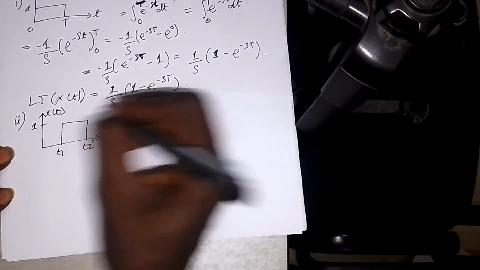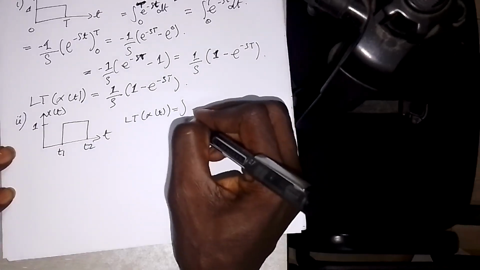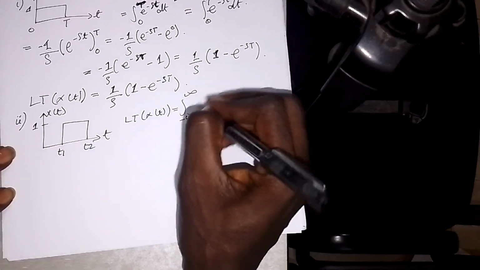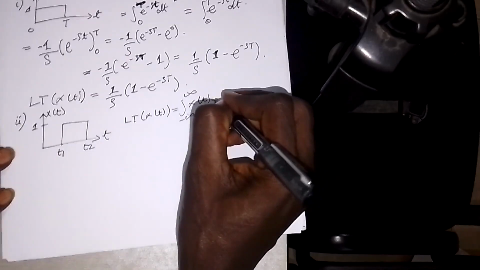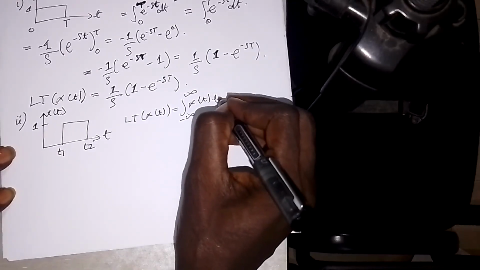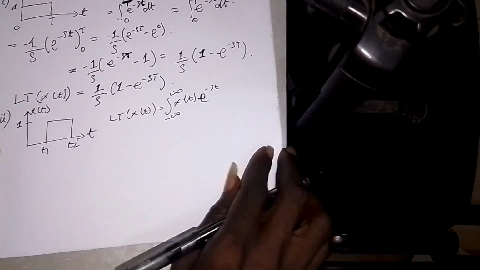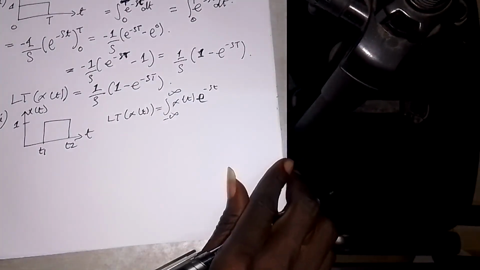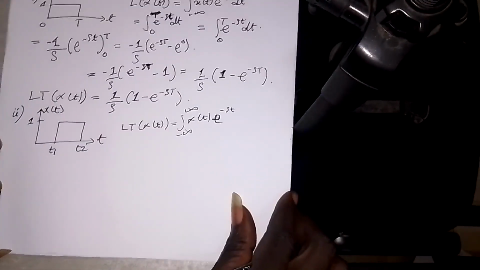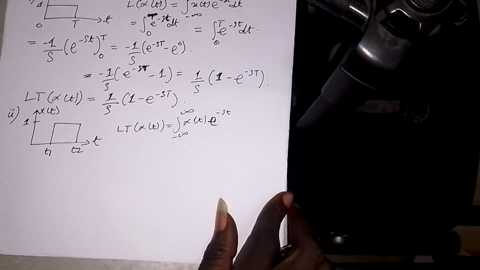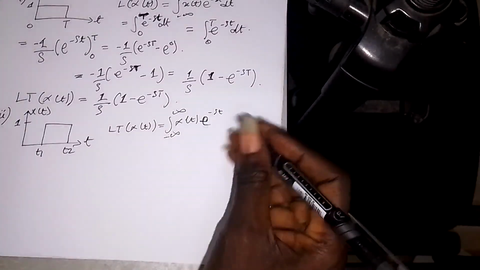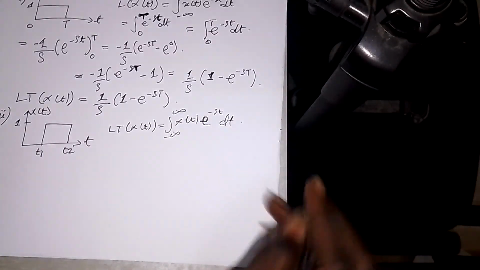Now if we have this one, then the Laplace transform of x of t is going to be equal to minus infinity to infinity x of t times e to the minus st dt. I'll just write dt over here.